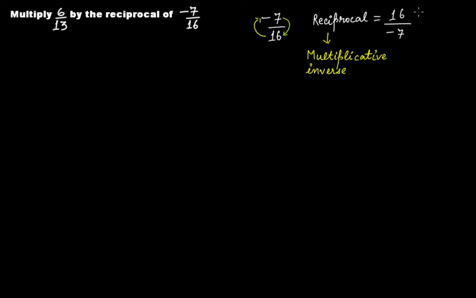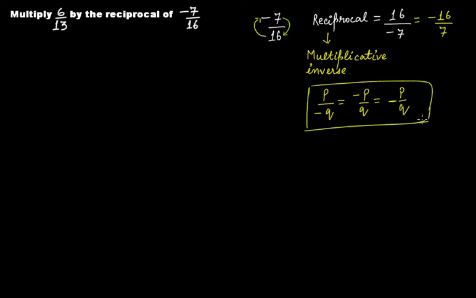This 16 over minus 7 can be written as minus 16 over 7, and this I have repeated several times, so let me repeat one more time. If your rational number is of the form p over minus q, then this is actually equal to minus p over q, and this can be written as minus in the center, then p over q. These three are the same thing.